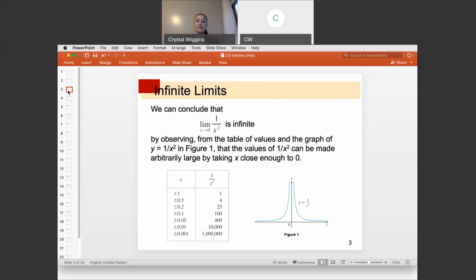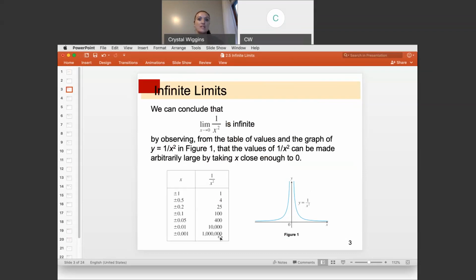We can conclude that the limit as x approaches 0 of the function 1 over x squared, which we used in the last video where we were discussing continuity, is approaching infinity. By observing from the table of values and the graph here on the right, the values that we enter as we get closer and closer to 0 on both the left and the right side are approaching really big numbers.